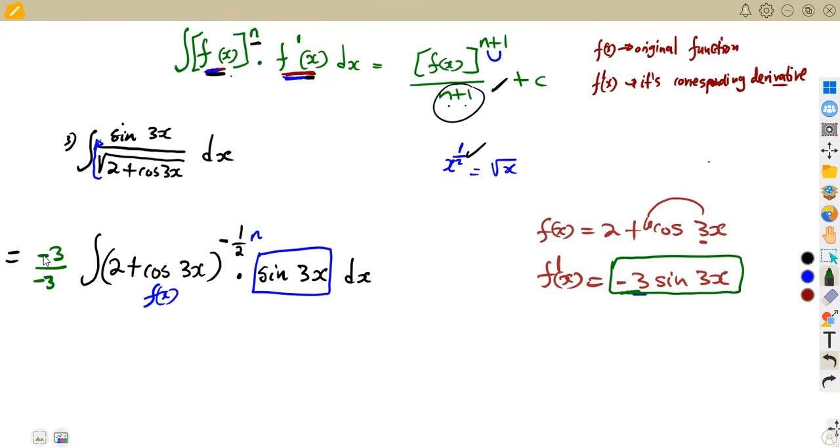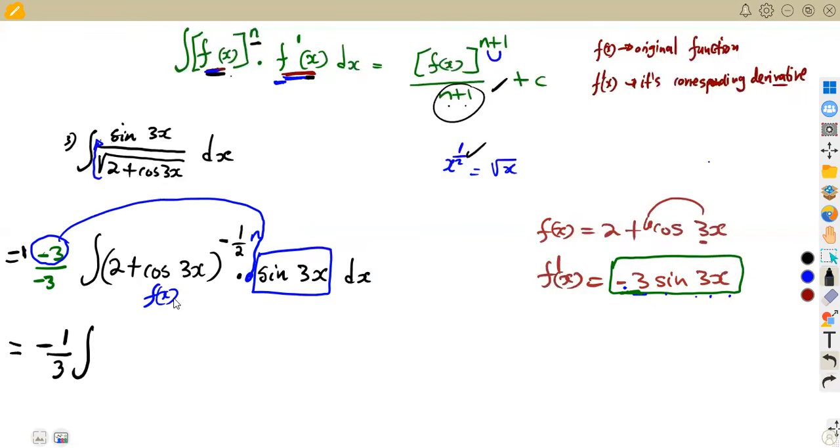By multiplying by this, we are simply multiplying by 1, meaning to say it hasn't affected our answer. So this negative 3 is the one that we want to take inside here, so that it gives us negative 3 sine 3x, which is the first derivative. All right, so meaning to say we are going to remain with 1 over minus 3, of which 1 over minus 3 is the same as minus 1 over 3.